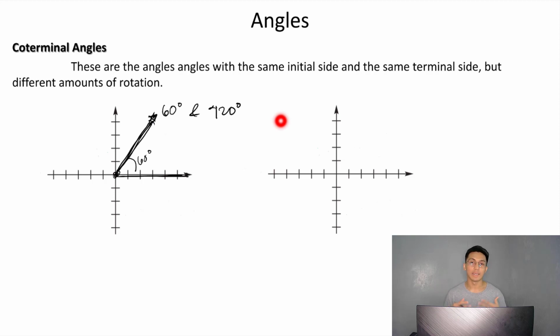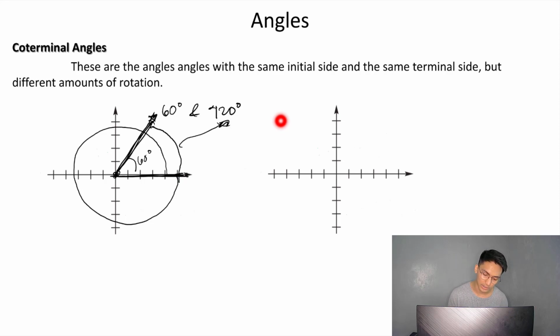Masasabi natin na yung angle 60 degrees and yung 420 degrees are coterminal angles kasi pag sinukat mo yung 420, starting here, ito yung kanyang initial side, mag-rotate tayo ng isang buo, meron na tayong 360 degrees, and mag-rotate pa tayo ng another 60 para makabuo tayo ng angle of 420 degrees. Ibig sabihin, pareho sila ng initial side, pareho rin sila ng terminal side, but magkaiba ng measurement. Isang rotation ang sobra nila. So, 60 degrees and 420 degrees are coterminal angles.